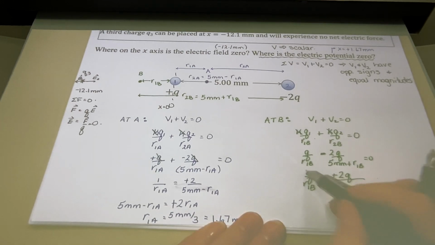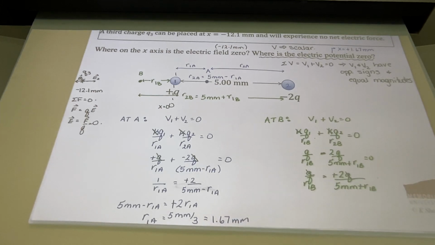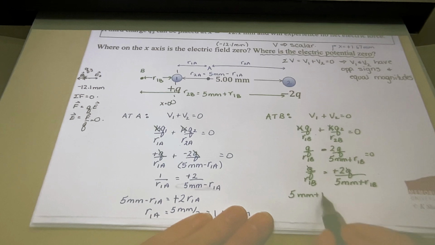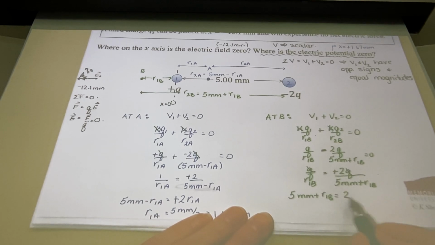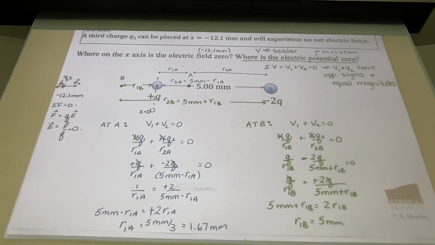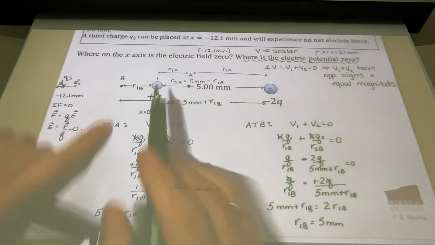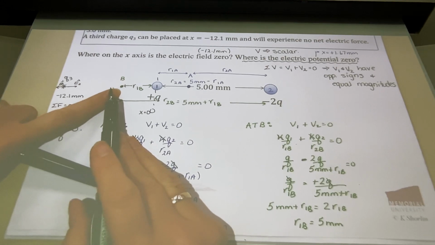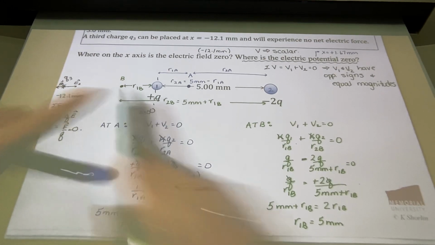Divide both sides by Q. Do our cross multiplying. 5 millimeters plus R1B equals twice R1B. So R1B equals 5 millimeters. The last thing we have to be careful of here, we see that R1B, the distance between 1 and B, B is to the left of the origin, so that would be a negative X value.